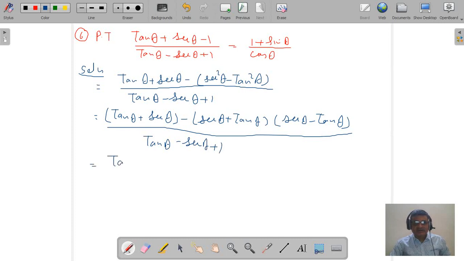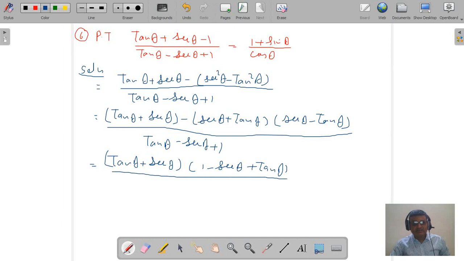So we are taking common tan theta plus sec theta. So what we see, (tan theta plus sec theta)(1 minus sec theta plus tan theta) whole divided by tan theta minus sec theta plus 1. So this and this gets cancelled. So this is equal to tan theta plus sec theta.